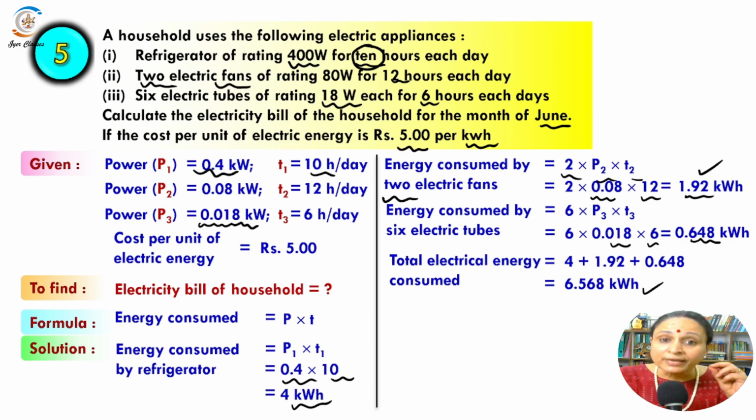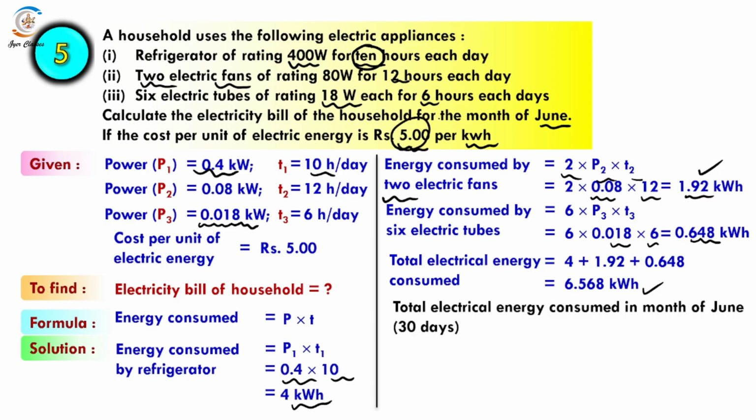But we are also supposed to calculate the bill, right? So at the rate of rupees 5 per kilowatt hour, what is the bill? The total energy and the billing has to be done for the month of June. In the month of June, we have got 30 days. And for 30 days, the total energy will be 6.568 into 30, which comes out to be 196.04 kilowatt hour.